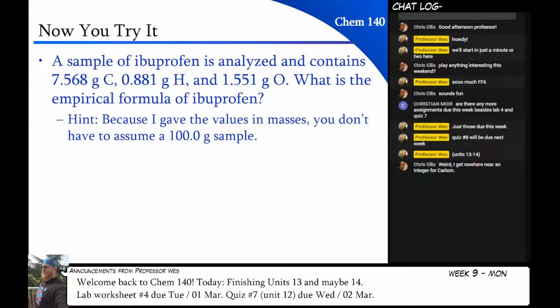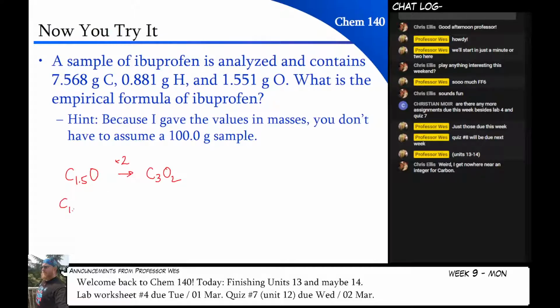All right. While we're on this slide, what are some common decimals that you should be looking for if you get these as numbers? So let's just write some of these down, just in case they come up. So if you got something like this, then you can clear that by multiplying it by 2, and then what you would get would be something like this. And then that would be an empirical formula.